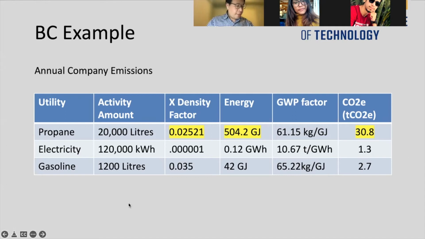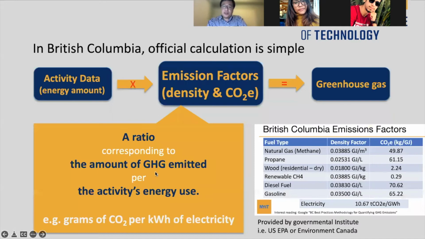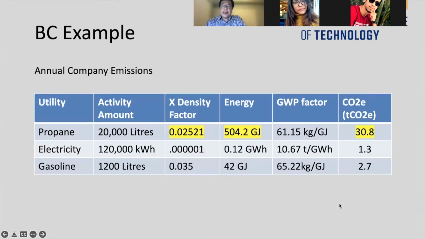Okay, good. For the other two, electricity and gasoline, it is the same. Just refer to the table and do the same thing. With the same methodology, you can also obtain the carbon dioxide emission.